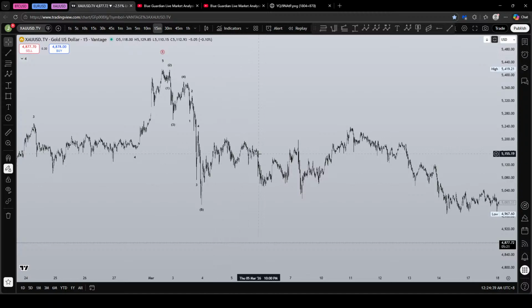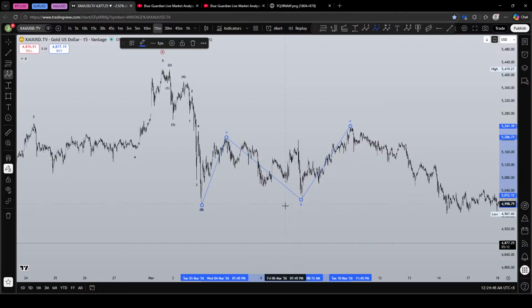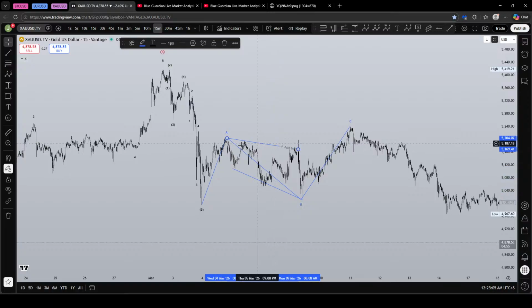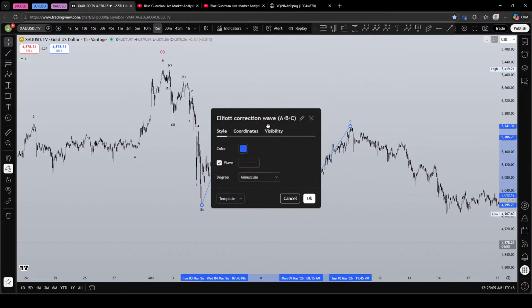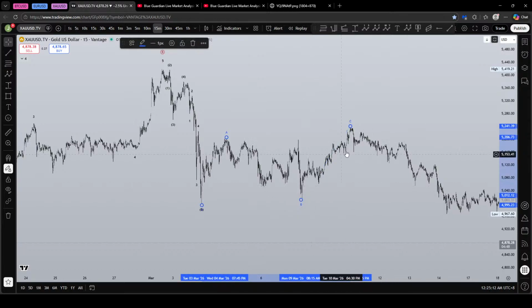The corrective count here is basically a zigzag as well, wherein we have 5 waves up and then a possible wave B. The wave B here can be counted as a triangle wave B. So basically we have now completed the internal waves of the wave A and the wave B, and all we have to do is confirm the internal waves of the wave C.